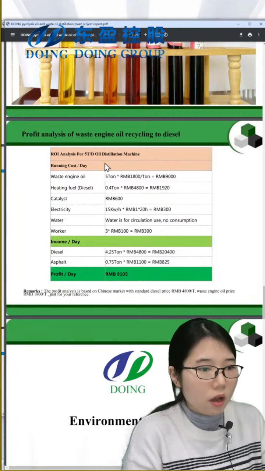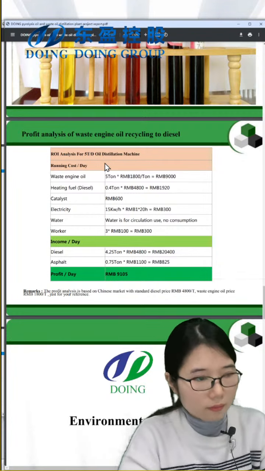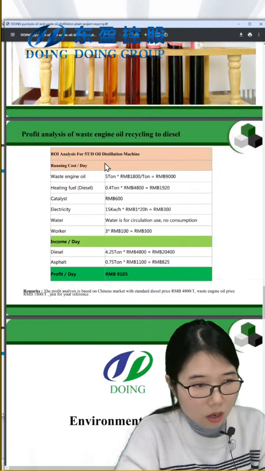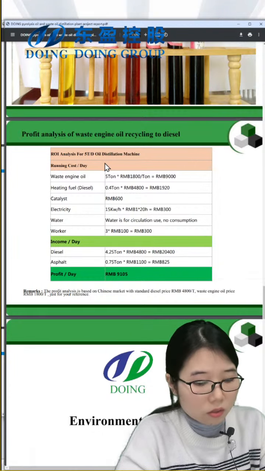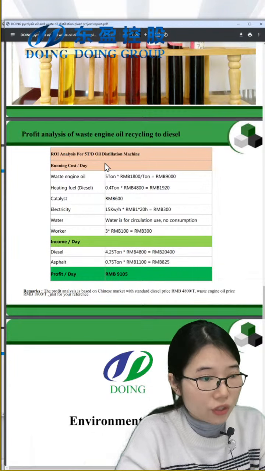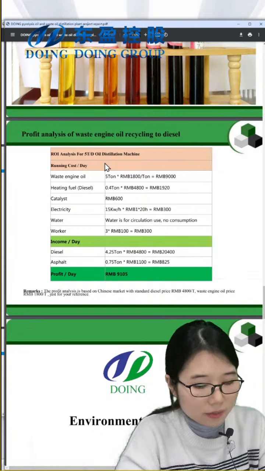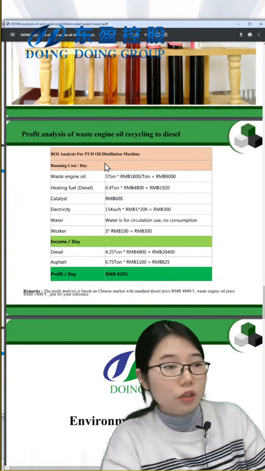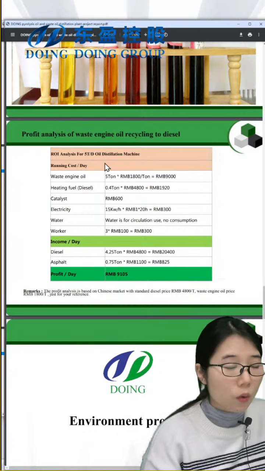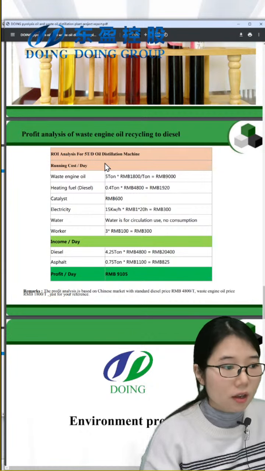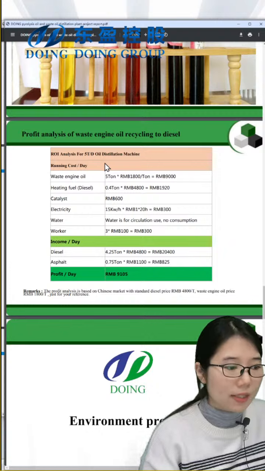So finally, you will get 9,100 Chinese yuan, which is about 1,500 US dollars per day. Of course, if you buy a higher capacity distillation plant, you will get higher profits. It will depend on your raw materials capacity and your budget.